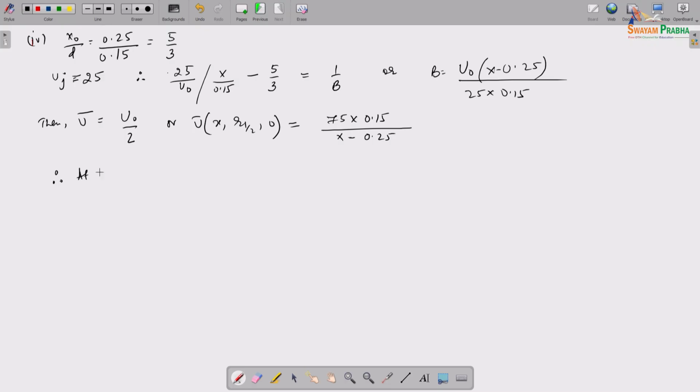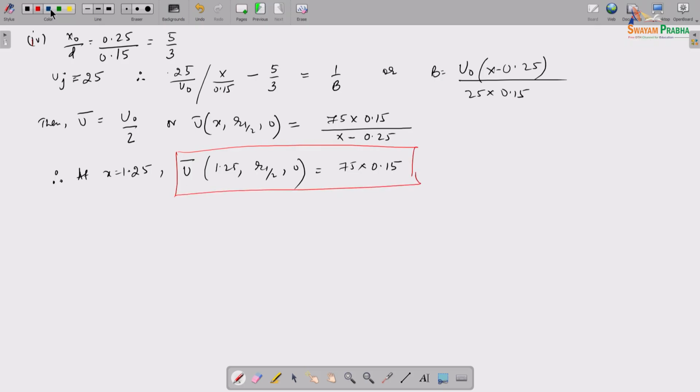Therefore at x is equal to 1.25, u mean is equal to 75 into 0.15.